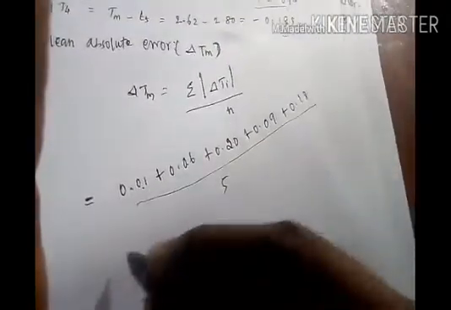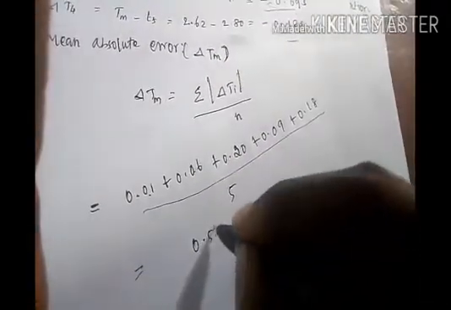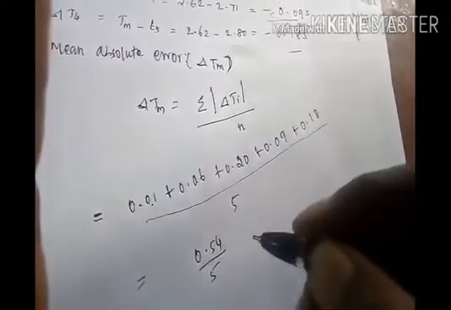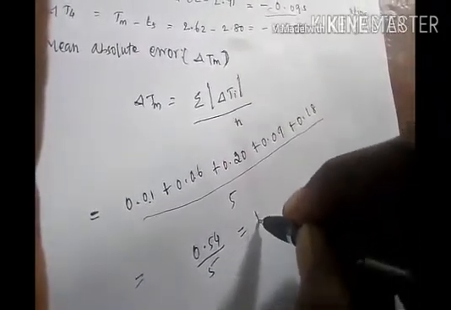If you add all these values, we get 0.54 divided by 5. After the simplification, you get the result.